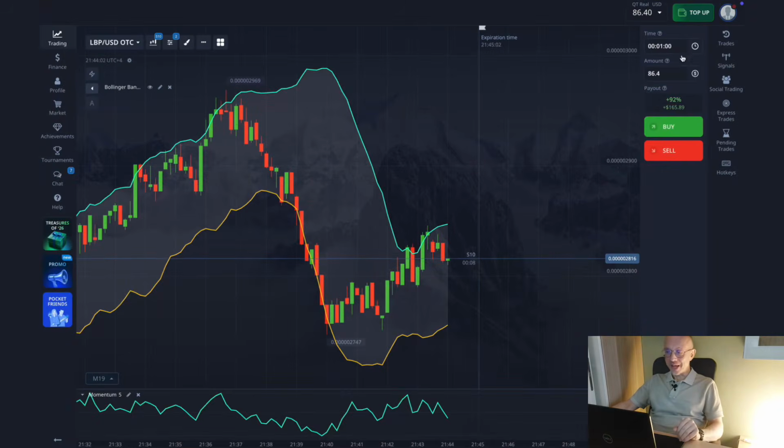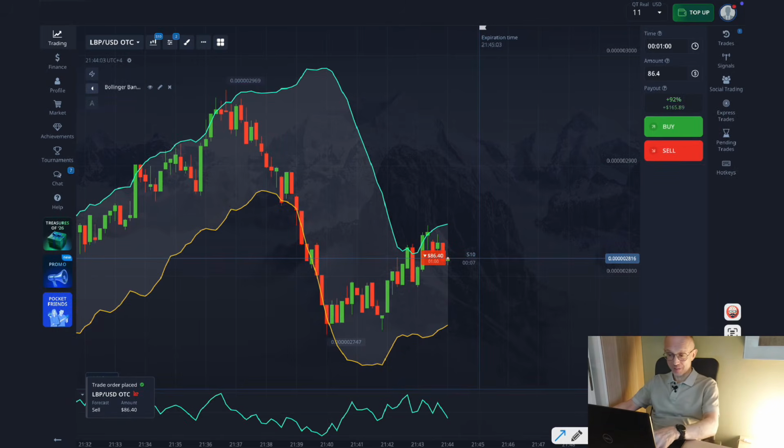A few minutes later, the market gave me another chance. Expiration is 1 minute, and I'm opening a short trade for $86. After a slight increase, the price approaches the resistance zone and begins to gradually lose momentum. The rise slows down, the movement becomes cautious, and the market seems unable to find the strength to continue growing.